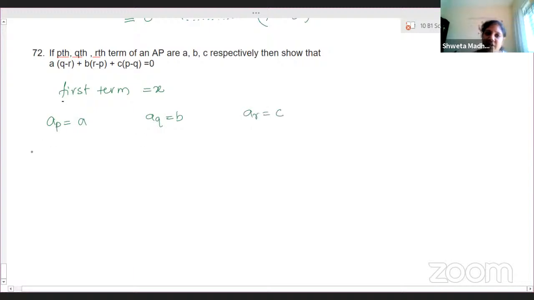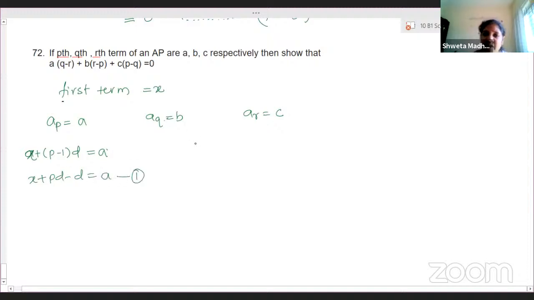The pth term means X plus (P minus 1) into D is equal to A. So X plus PD minus D is equal to A. This is equation 1.